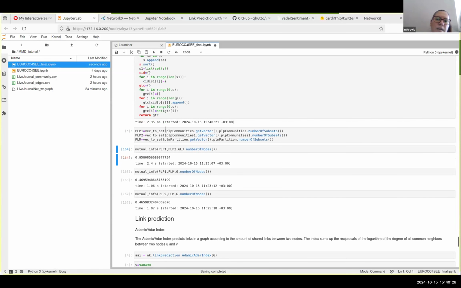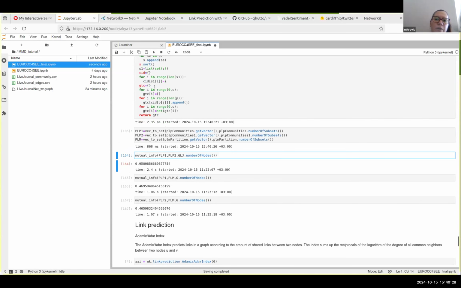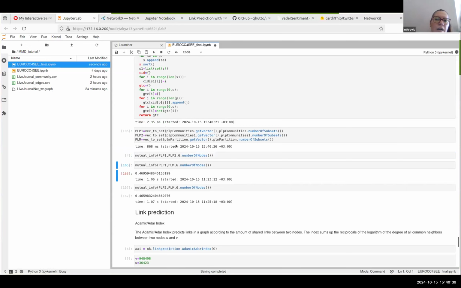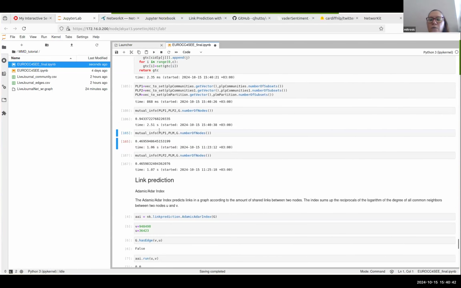And when we translate this information, we will see that, for instance, if we compare the partitions from the same algorithm, but just different runs, they have very high mutual information, it's 0.94. And if we compare the partitions found with the Louvain method, then we will get something that is slightly less, but believe me, this is still very high mutual information.